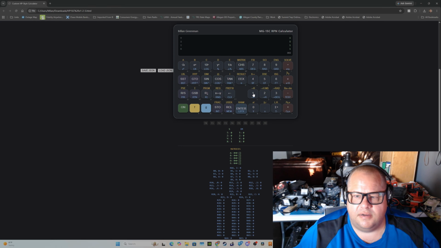Then we enter B, which is -1, enter. And then 6 is C, and that's negative, so we'll change the sign there. And then we will run program E, and we get 3 and -2.